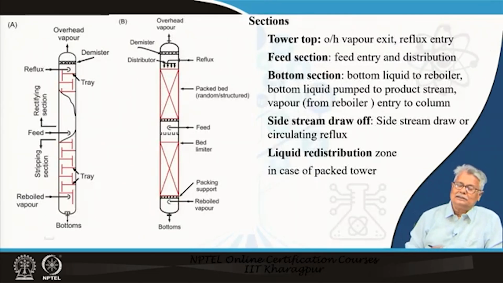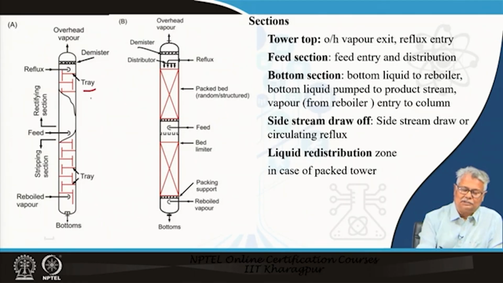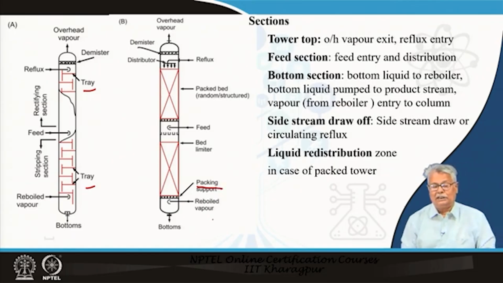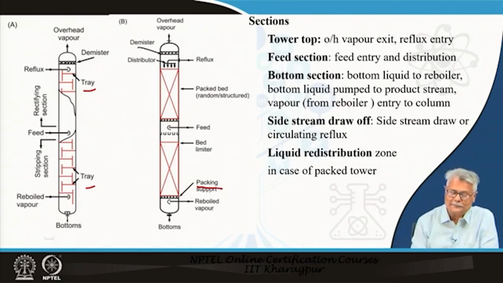Let us look at the various sections of these two towers. The left one obviously is a tray tower. You have trays here, and on the right side you have a packed tower. Naturally, you have the packing. If you are talking about the packed tower, the packing requires a support because its weight has to be supported by something strong.